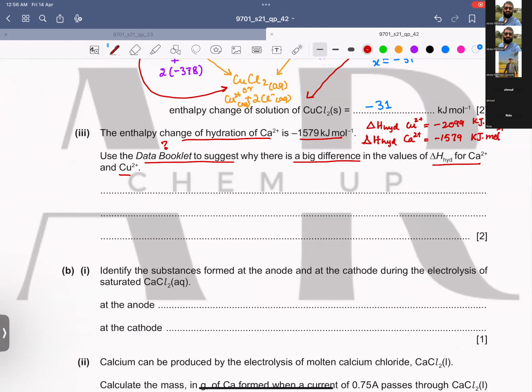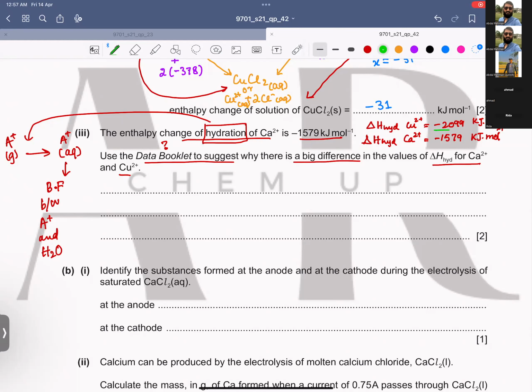What does hydration refer to? How do you explain hydration? We explain hydration as the gaseous ion turning into aqueous ion, right? Yes sir. So when it gets aqueous, there are bonds formed between this ion and water molecules, right?